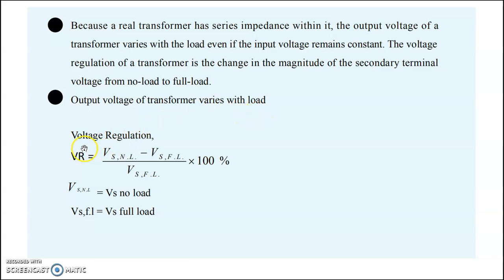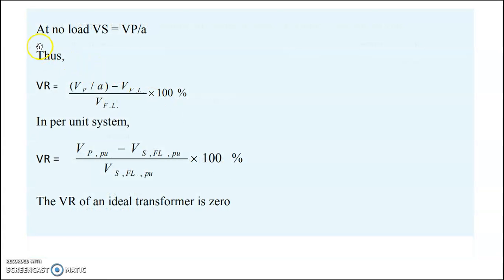This is the equation for voltage regulation, which is secondary no load voltage minus secondary full load voltage over secondary full load voltage times 100%. At no load, secondary voltage equal to primary voltage over a, which is turns ratio.